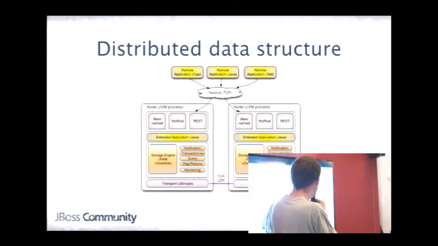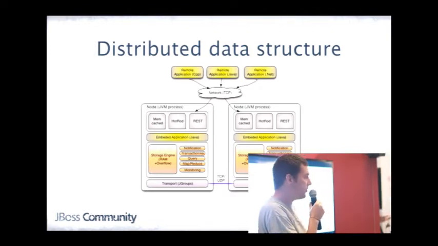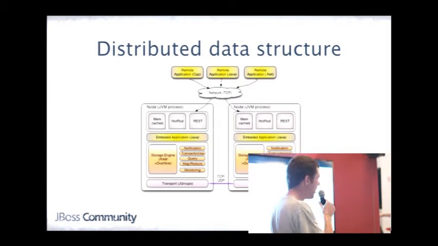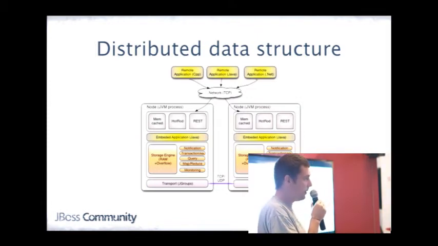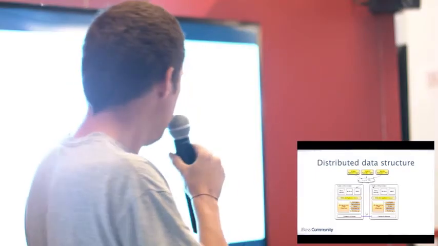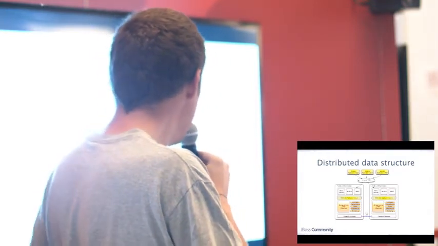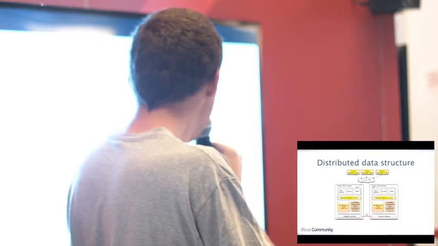We have several services on top of the storage engine, such as notifications, like when data is added or removed. Transactions: Infinispan is fully XA compliant. It implements the JTA specification. We have query. We run our indexing based on Lucene, and we provide SQL-like querying. Joins are not well supported.